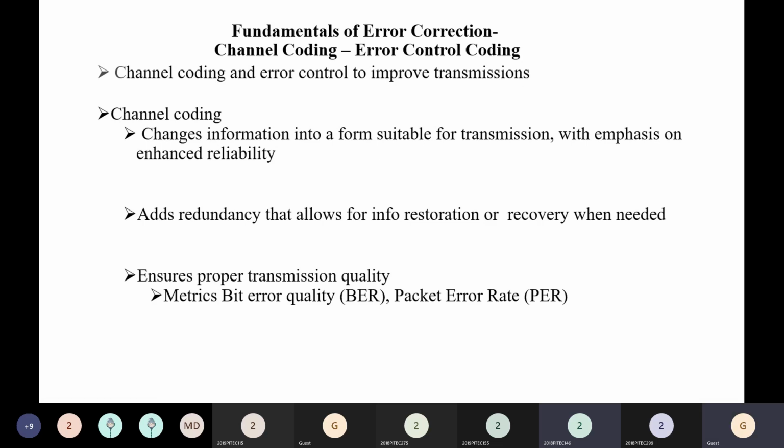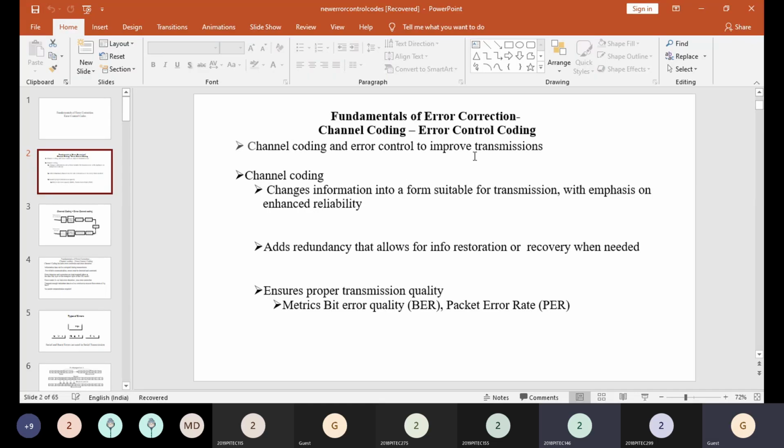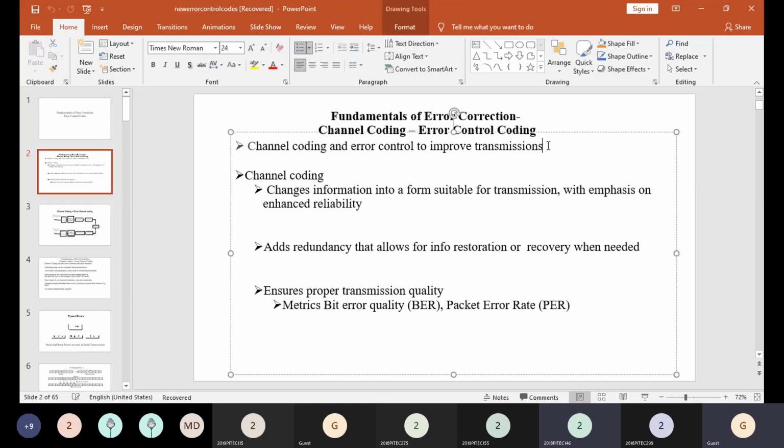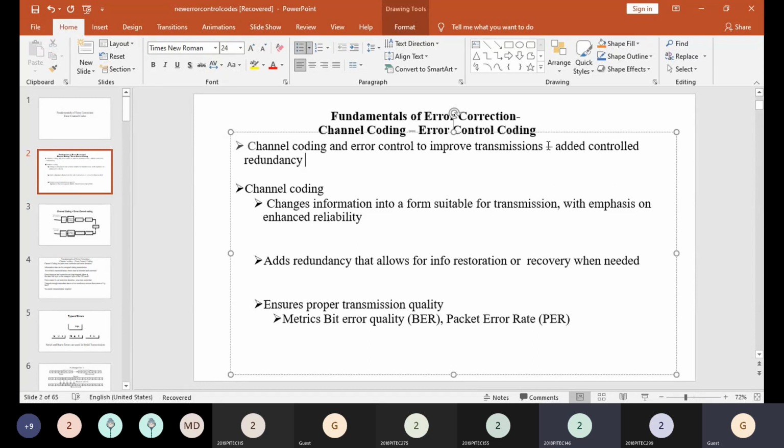Improving transmission means adding controlled redundancy, before being transmitted.